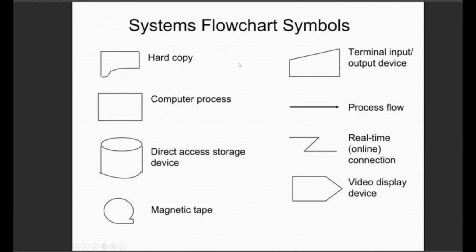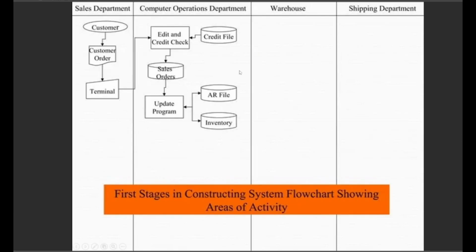Okay, so for an example of this system flowchart, we have here the first stage in constructing a system flowchart showing areas of activity between the sales department, computer operations department, the warehouse, and then the shipping department. Okay, so just like the earlier discussion, in this flowchart it is more computer based.